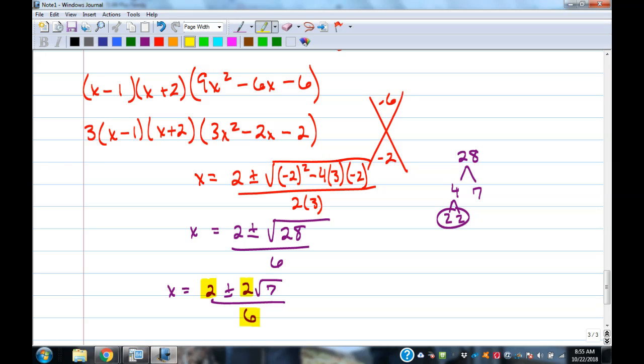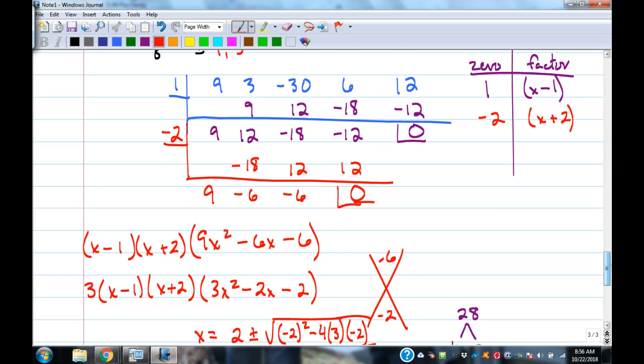They're all even, right? So that means they all can be divided by what? 2. So I'm going to divide them all by 2. So that'll be 1 plus or minus radical 7 over 3. So our zeros are 1 plus or minus radical 7 over 3.